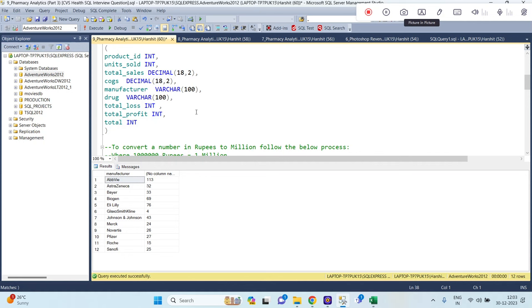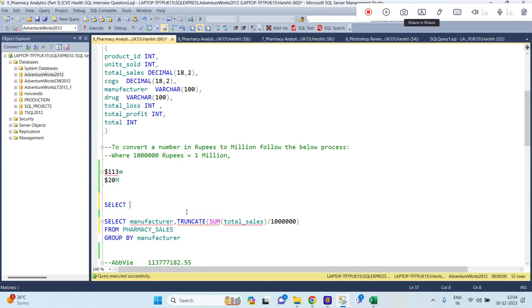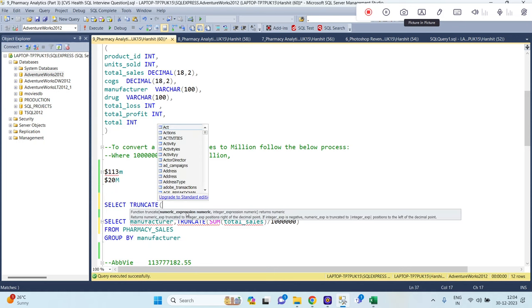Truncate is not working in this SQL Server. Okay. Select truncate.